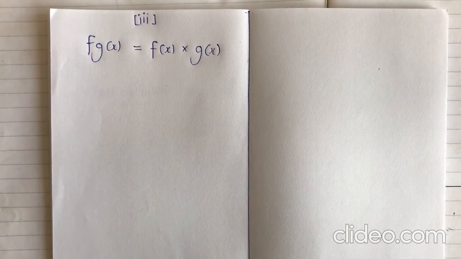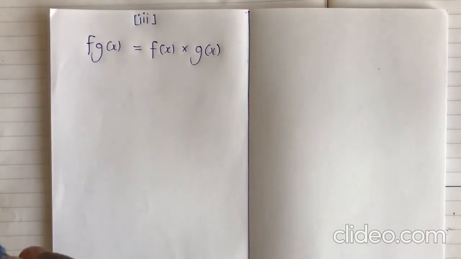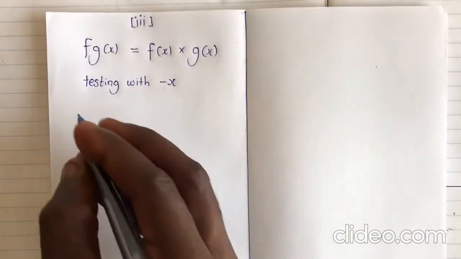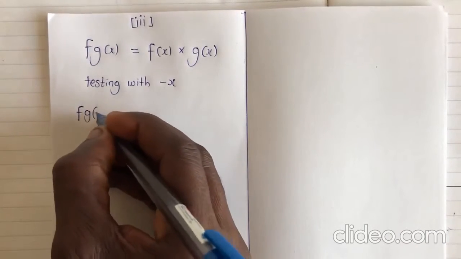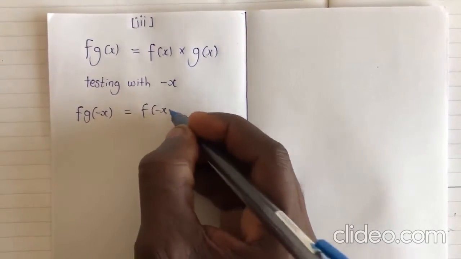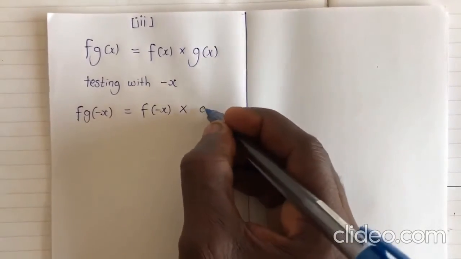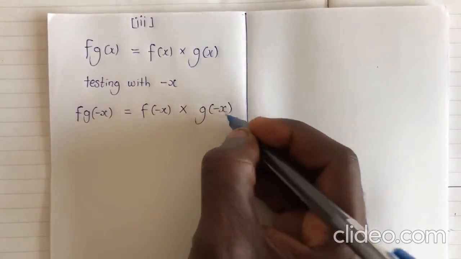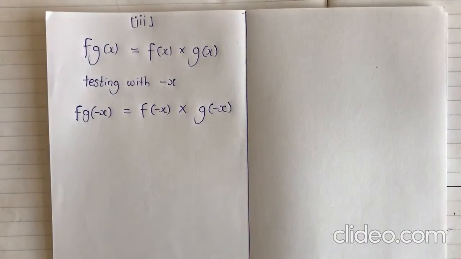Now when you get here, you know what to do. All you need to do is to test the result with a negative x. So testing with negative x, we have fg of negative x giving us f of negative x times g of negative x. Now, in the beginning, we learned that the function f of x is odd and the function g of x is even.